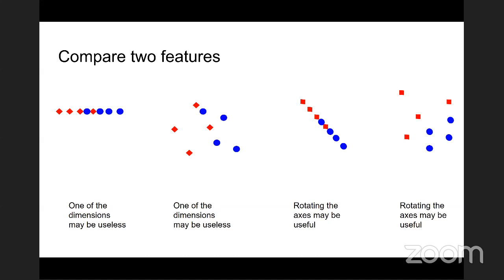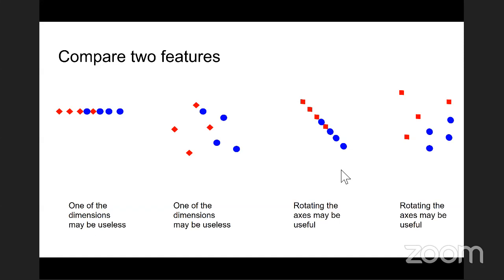And another scenario can be that you actually have an x1 dimension and an x2 dimension, but the data is actually distributed in another direction, which is a combination of the x1 dimension and the x2 dimension. So in that case, rotating the axis may be useful.